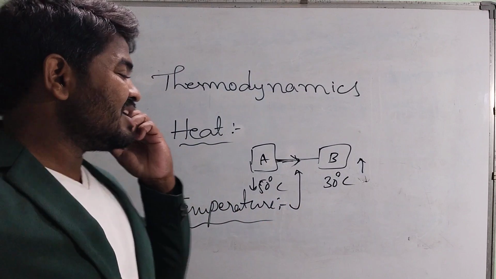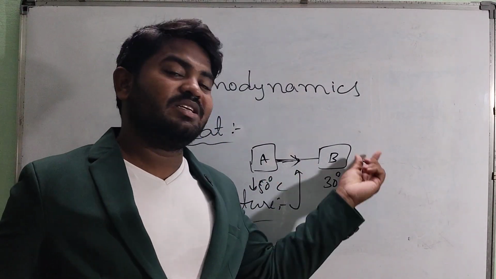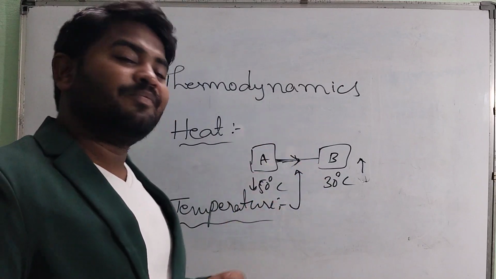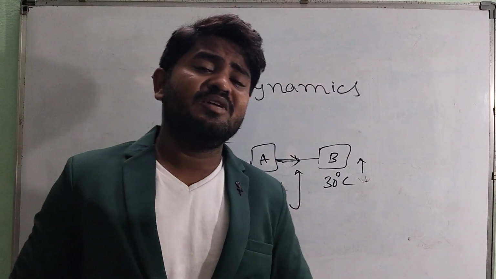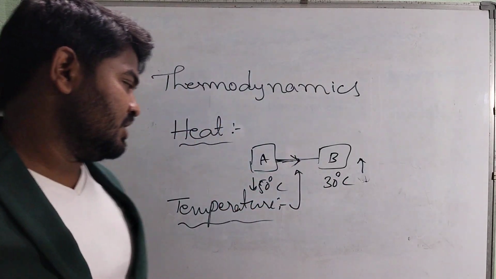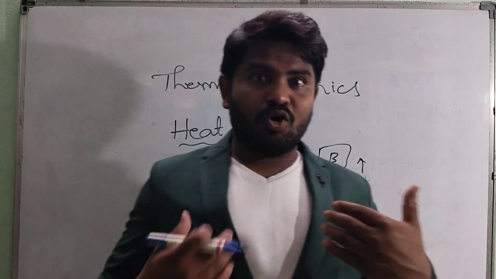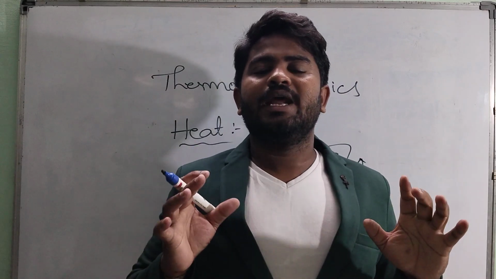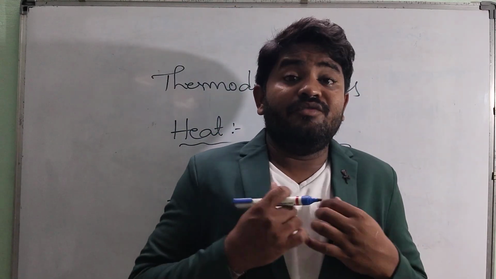What are the points that we have learned? Whenever an object is gaining heat energy, its temperature increases. Whenever the object is losing heat energy, its temperature decreases, right? And temperature is directly proportional to the kinetic energy of the molecules. And one more important point is whenever our body is gaining heat energy from the surroundings, we feel hotter, right? Whenever our body loses heat energy, we feel very cool.